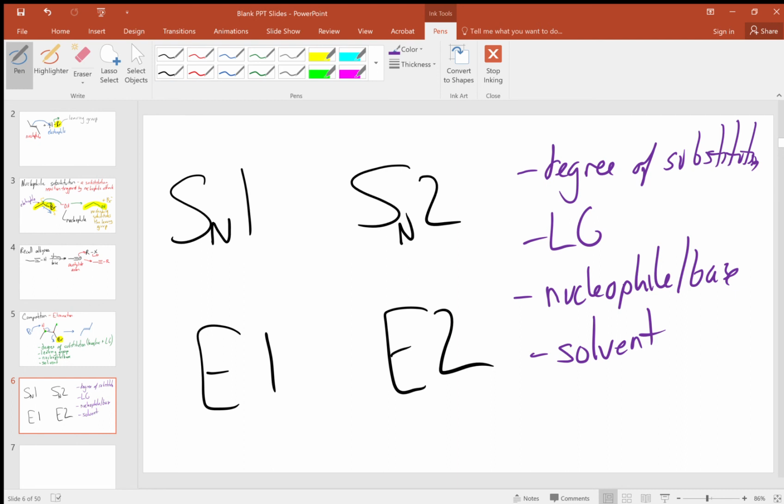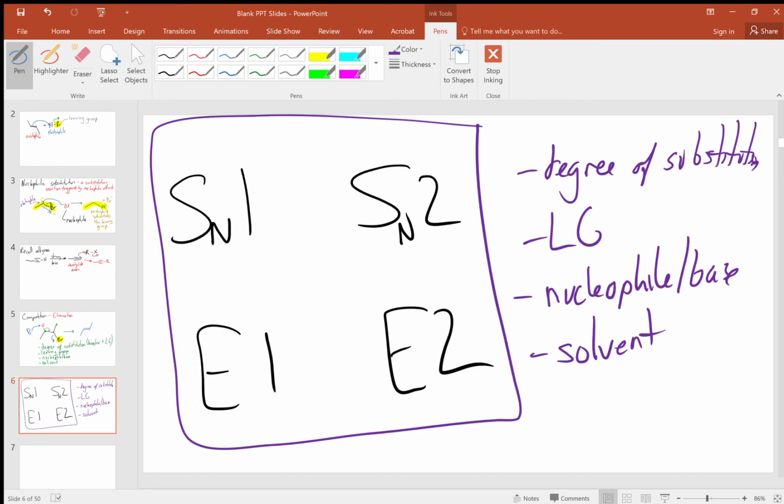By examining all four of these properties, we can determine which of these four reactions is going to take place. So we'll pick up in our next video by digging into the first one of these reactions, which is the SN2.